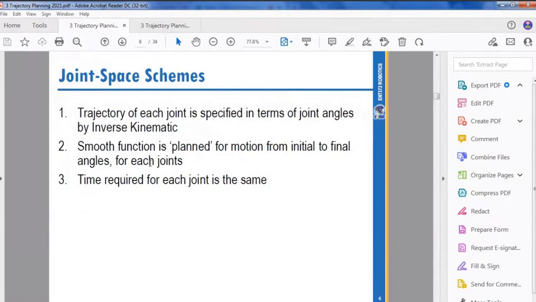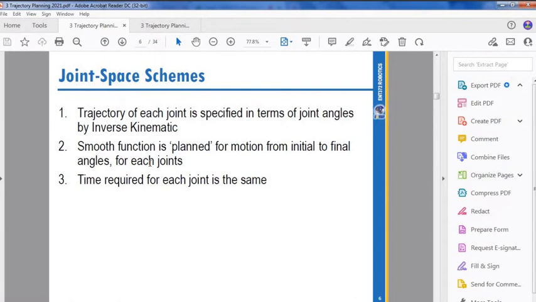From position A to B, that means your robotic arm moves from A to B. You will calculate the velocity and the acceleration. The time required for each joint is the same. So we move based on time.